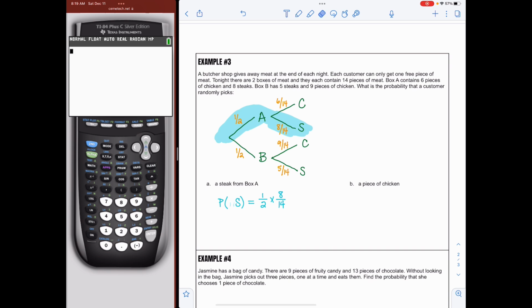And I'm going to put this notation a little bit better than that. I'm actually going to write this as the probability of picking from box A and it's a piece of steak. Okay. When I do that, I'm going to have 1/2 times 8/14. And that's going to give me 2/7.